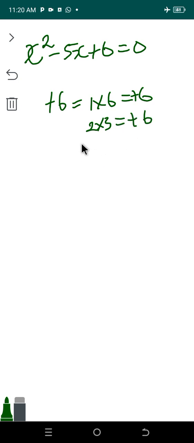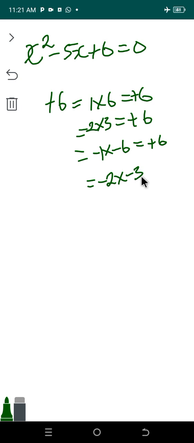The other one is minus 1 multiplied by minus 6 will give us plus 6. The next one is equal to minus 2 multiplied by minus 3 will give us plus 6 too.